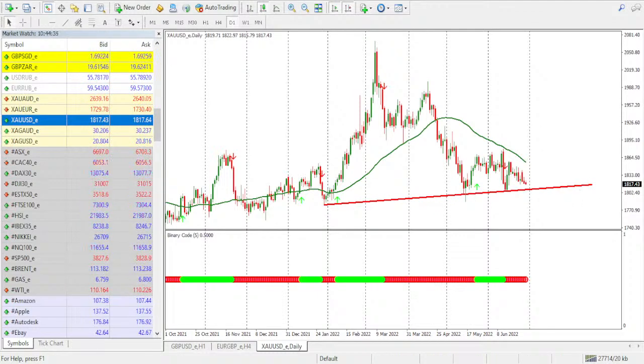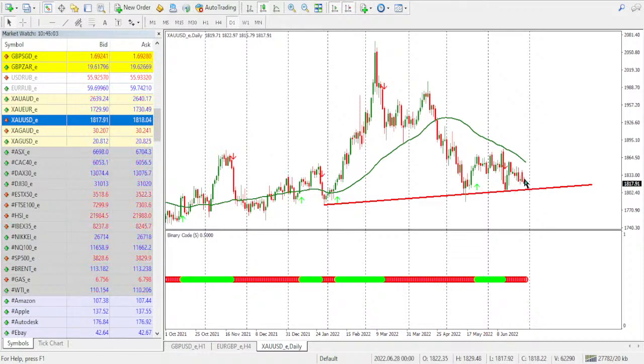We have a support here, we have a support, the price is headed for a short. So if the price breaks below this trend line here, then that will be a sign that we are continuing to the seller side.